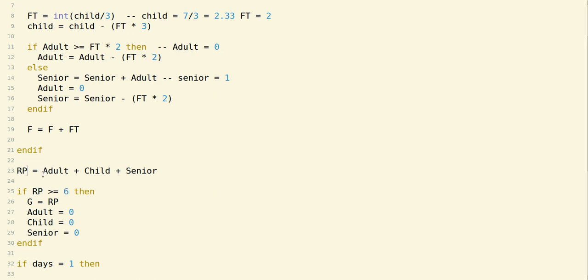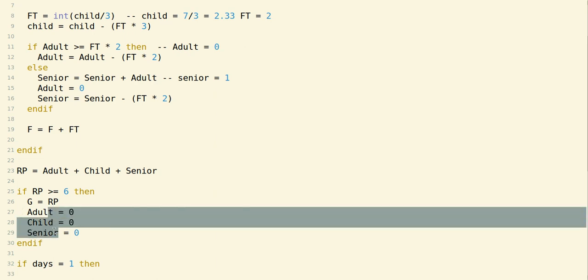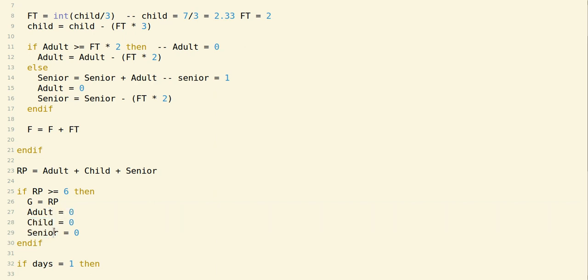So I'm combining the value of adult, child and senior into one as RP, and I'm checking whether the value of RP is greater than or equal to 6 or not. If it is, then that value is combined into group, and the values of adult, child and senior are reset to 0, because they have combined into one value of RP. If it's not greater than or equal to 6, of course, then the values of adult, child and senior would remain, and they would be offered as single tickets.